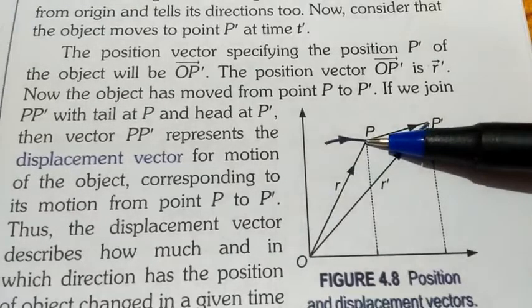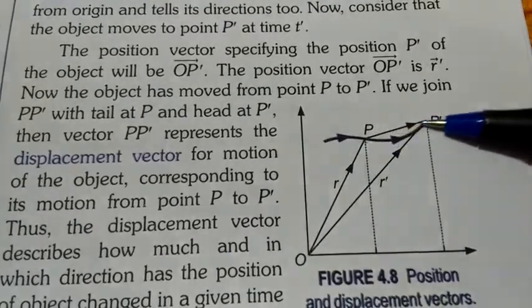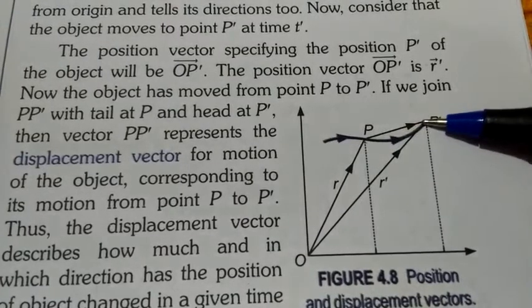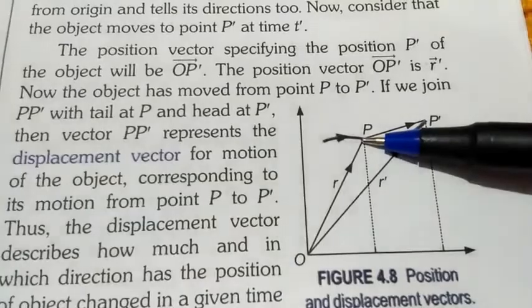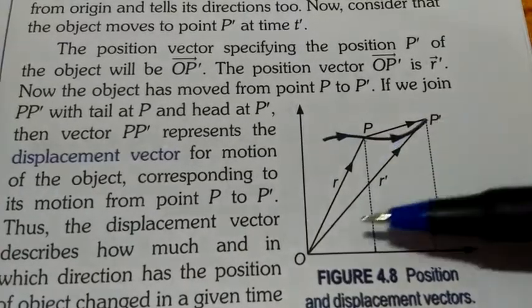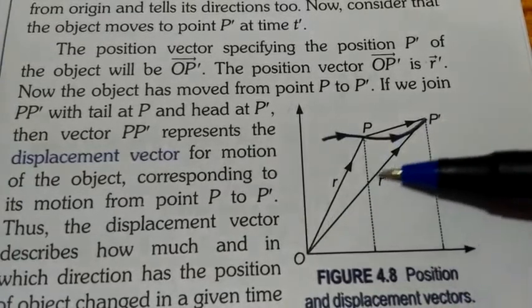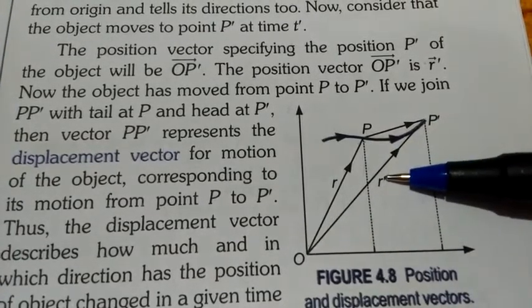Now suppose point P is transferred from this point to this point. So now this is the new position. Suppose the object was initially at point P, and now it has moved to a point P dash. So now this line R dash will be the new position vector.